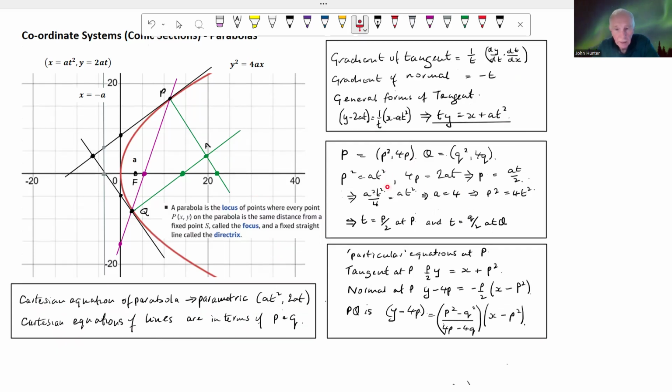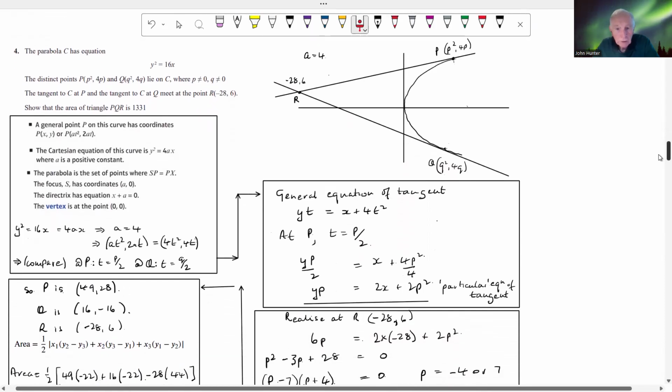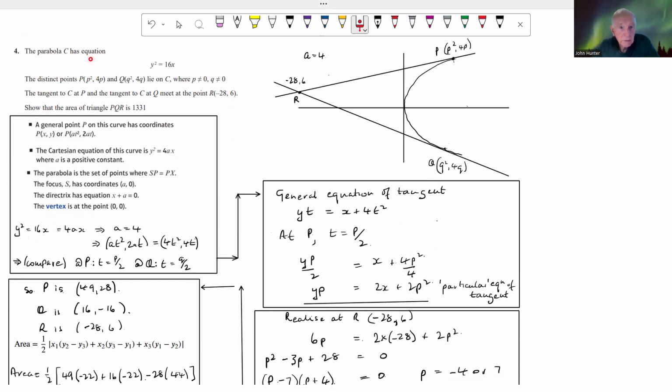So let's go on and have a look at a worked example. The parabola C has equation y squared equals 16x. Distinct points, and that's always p squared and 4p, by the way, and q squared and 4q lie on C, non-zero.